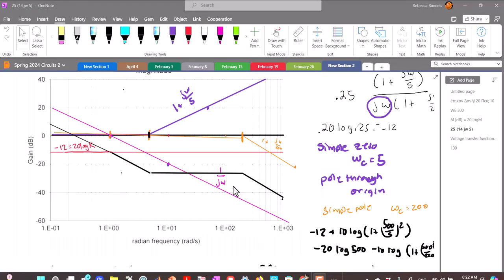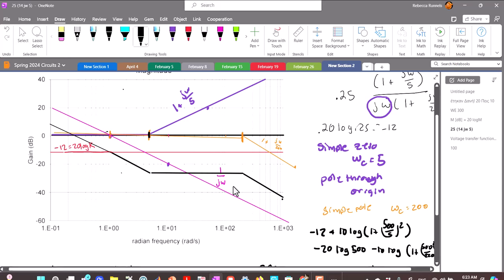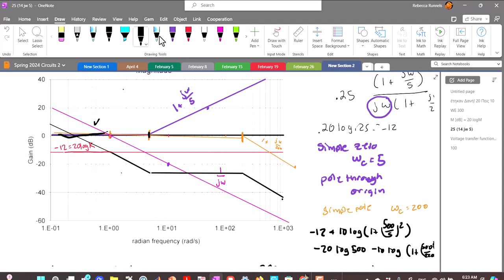When I draw this pole through the origin, I'm going to draw it that it goes at 0 up until 1 and then it slopes down, but really it should continue and it goes through 20 on the gain axis here. And I do go back and fix that later, but I just want to alert you that I'm about to make a mistake and draw this line. I'm about to put it right there where it doesn't belong, so just heads up on that.